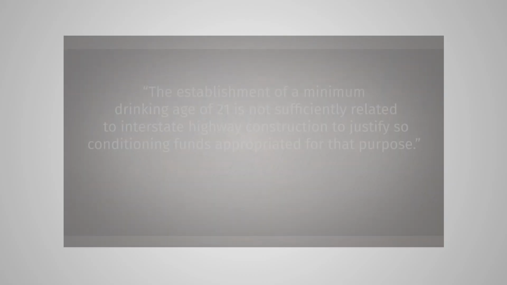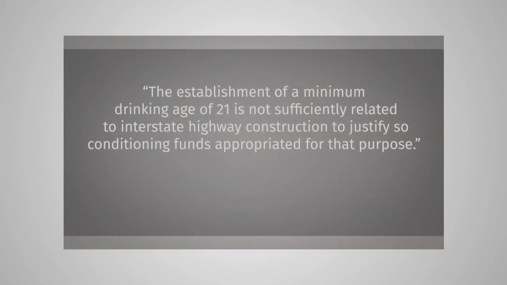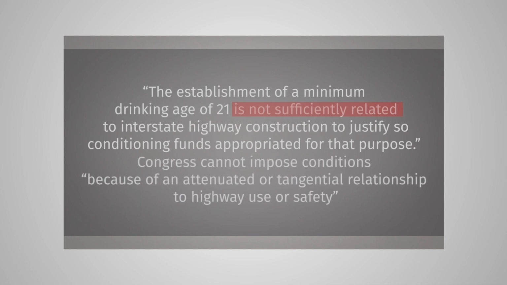Justice Sandra Day O'Connor authored a solo dissent. She agreed with the 4 limitations identified by the majority, but found that the third condition was violated because, quote, the establishment of a minimum drinking age of 21 is not sufficiently related to interstate highway construction to justify so conditioning funds appropriated for that purpose. She added that Congress cannot impose conditions, quote, because of an attenuated or tangential relationship to highway use or safety.